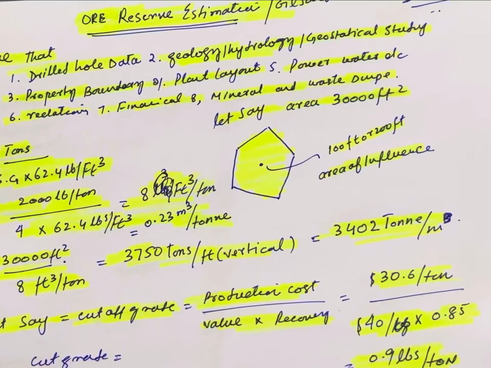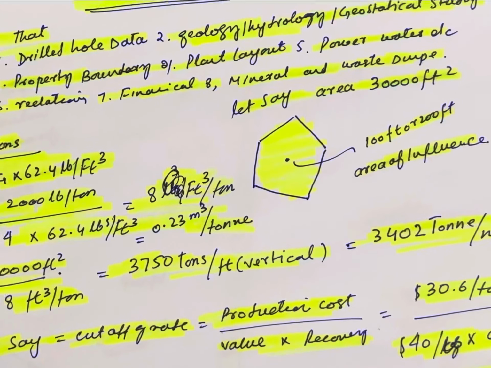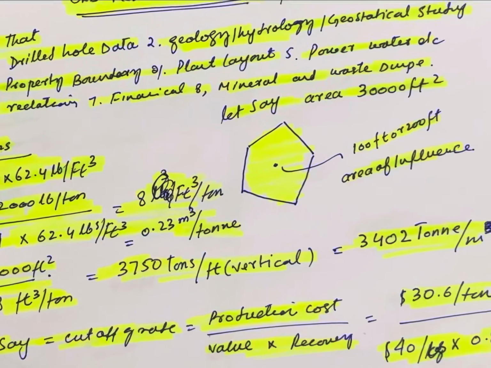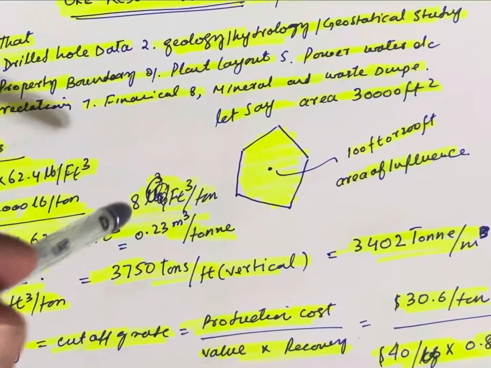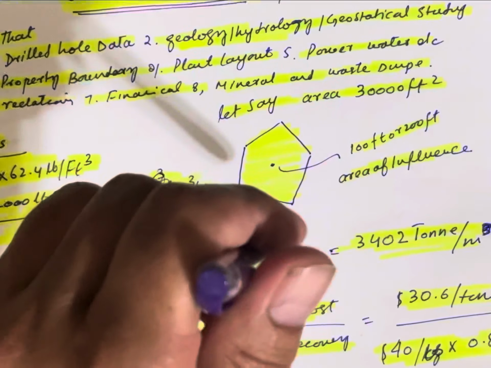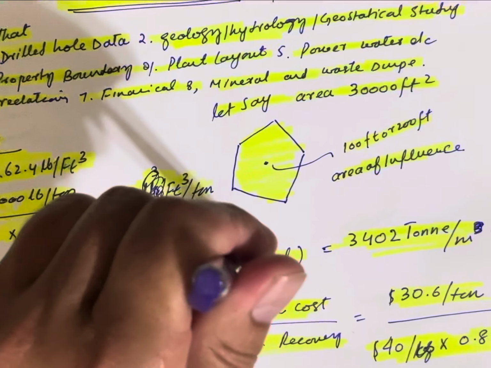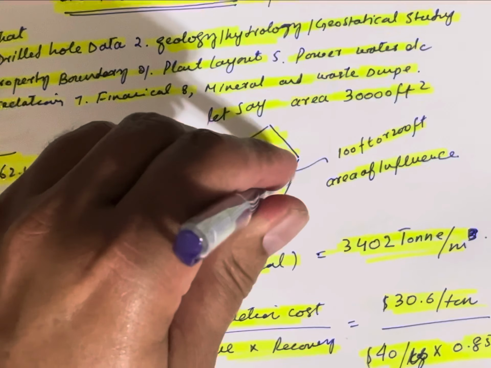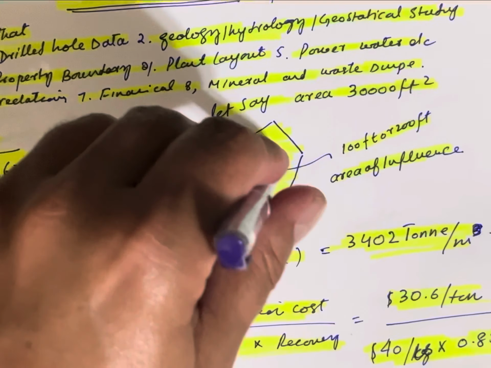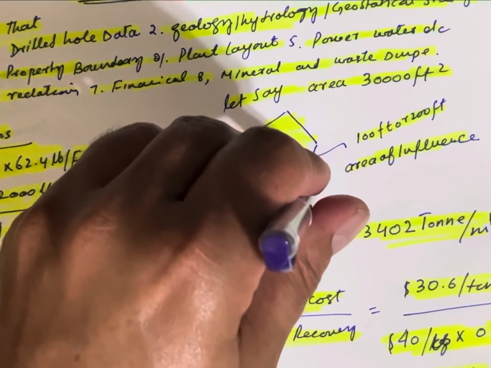So what we do, let's say we have 40 holes in our area of influence, so we do grade. Grade means that if we drill a hole, the area of influence, let's say this is the hole, will be 100 feet or 200 feet.